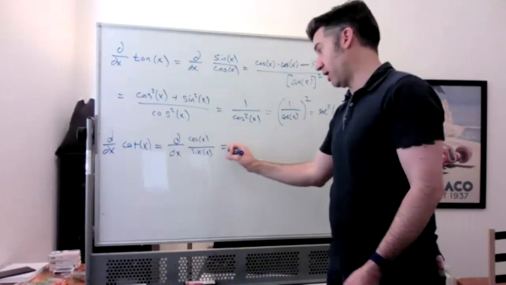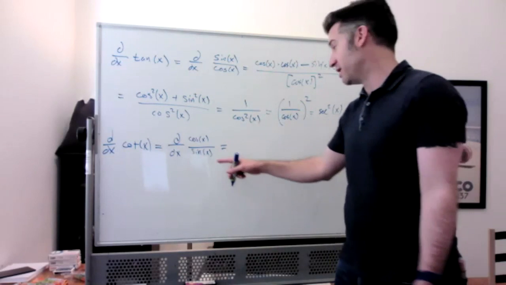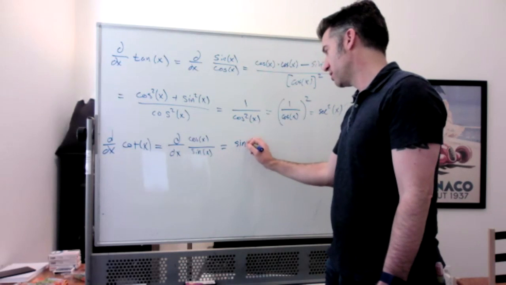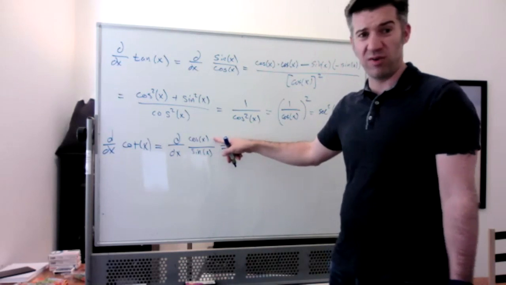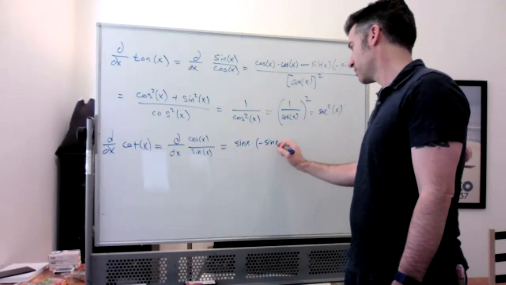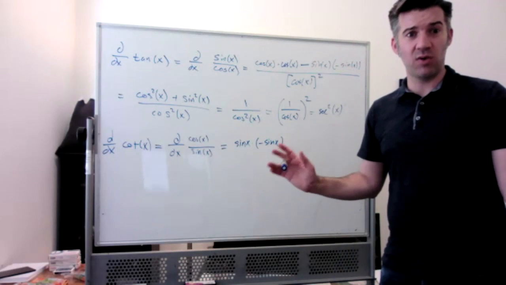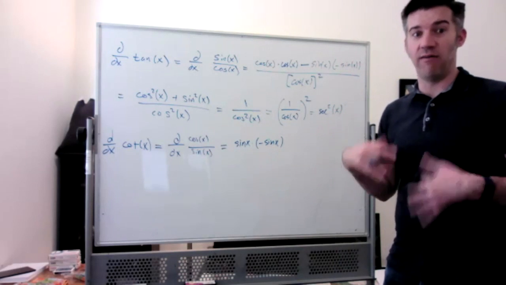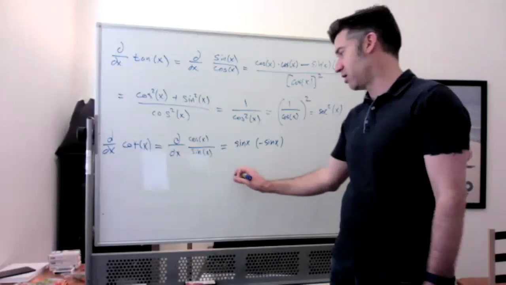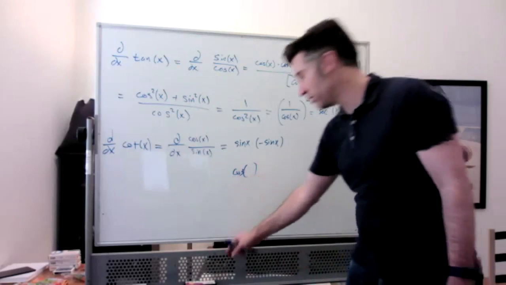Using the quotient rule, it's the bottom, sine of x, times the derivative of the top, and the derivative of cosine is negative sine of x. I should always say the "of x", because it's always cosine of a thing or sine of a thing. You can't just write cosine and call it a day.